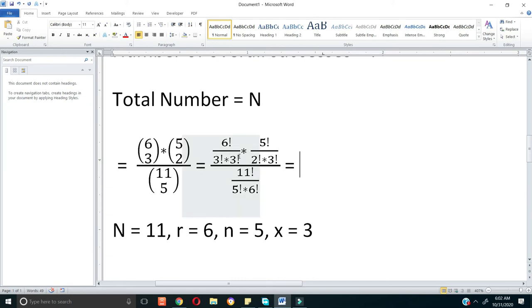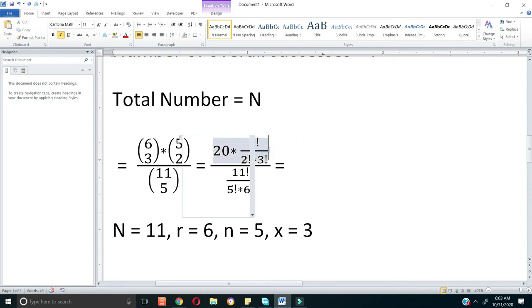If you get rid of the factorials, and 3 factorial is basically 6, that leaves you 5 times 4, which is 20.